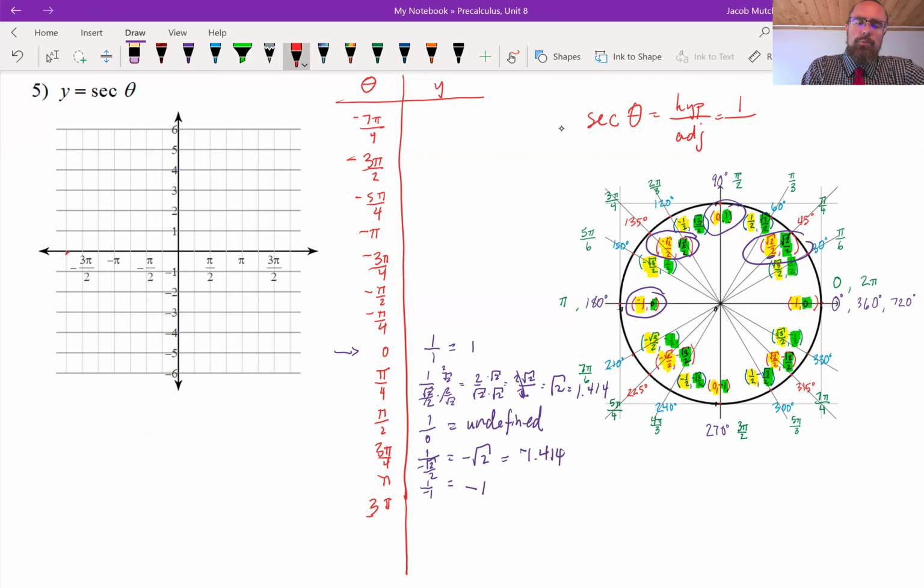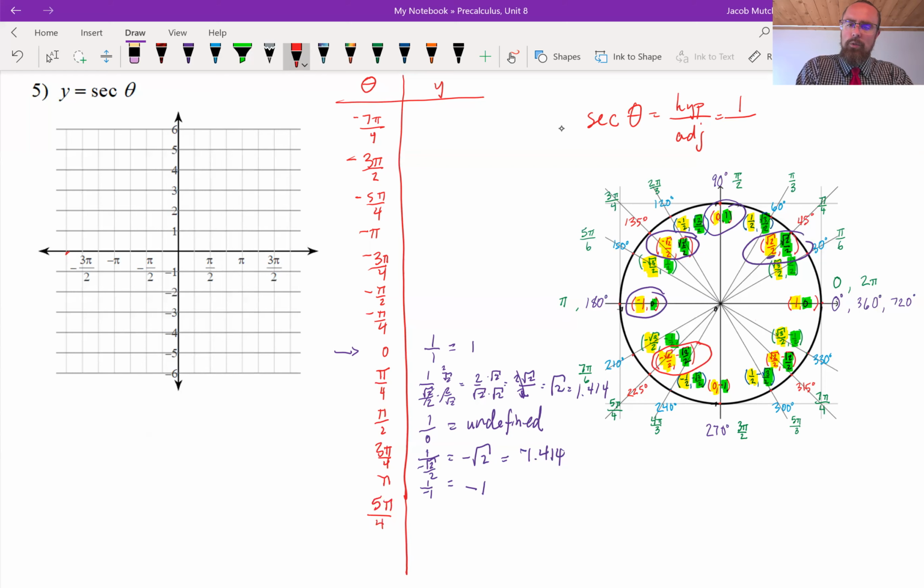One of the challenges with trig functions is just keeping track of your domain. We're used to having domain values that are just by ones. And here it's all fractions and it all involves pi. But we'll catch it. So 5 pi over 4, that's right here.